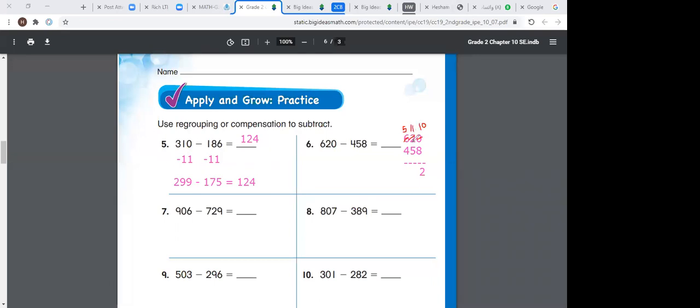Super boy. Now we have 11 minus 5 equals what number? Equals 6, that's right. And 5 minus 4 equals what number? Equals 1. So the answer is 162.